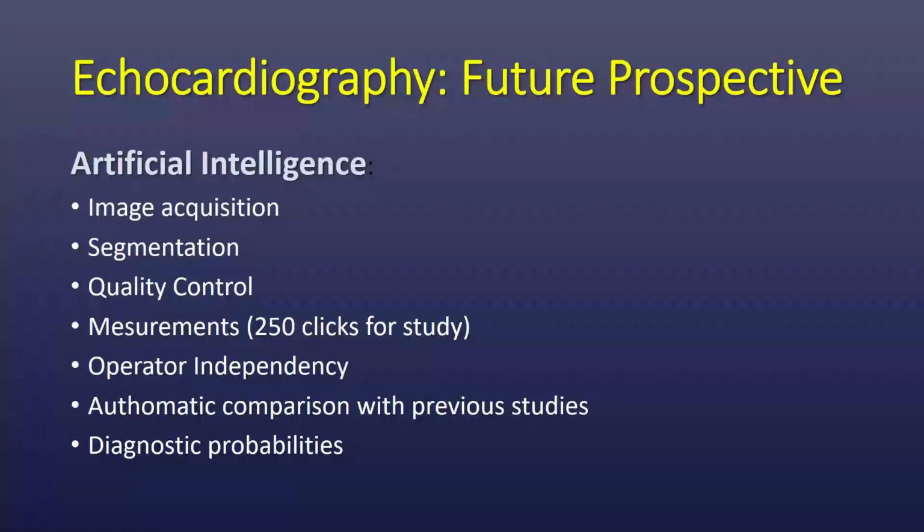In this way, applying artificial intelligence on echocardiography, we can improve a lot the reproducibility, because we can improve the image, we can standardize image acquisition, we can obtain a standardized segmentation.